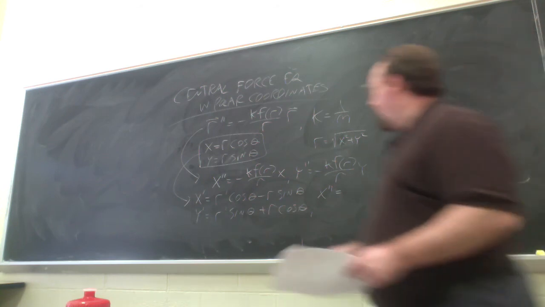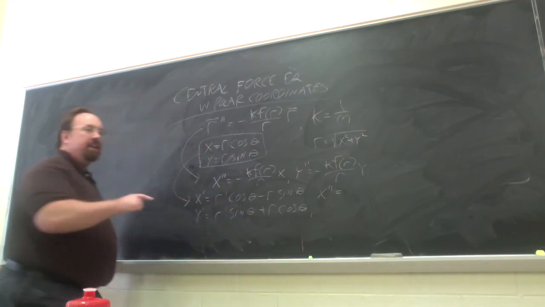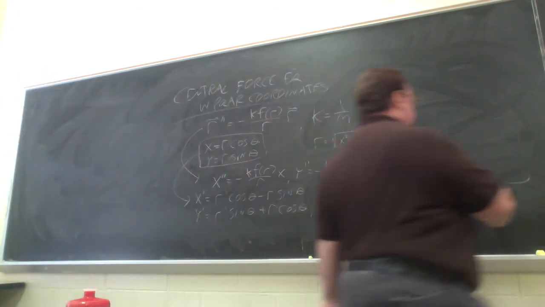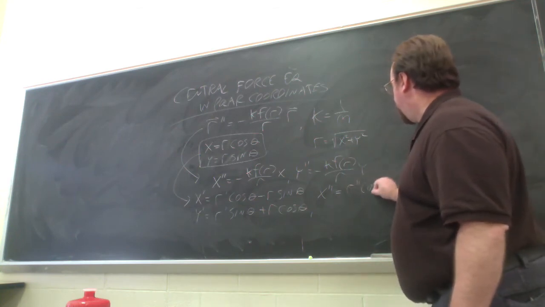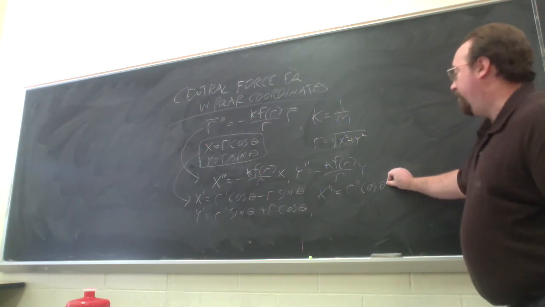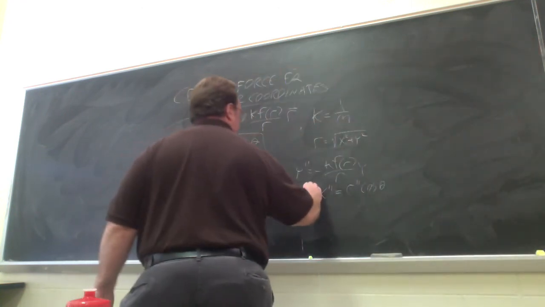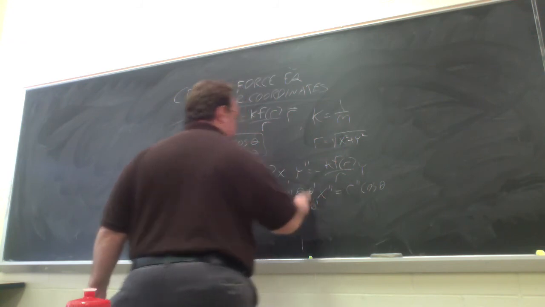For x double prime, I have to apply the product rule again to both terms. So it's going to get nasty. For x double prime, I'd have r double prime cosine. Actually, I'm doing a chain rule, so I need theta primes in these two terms.